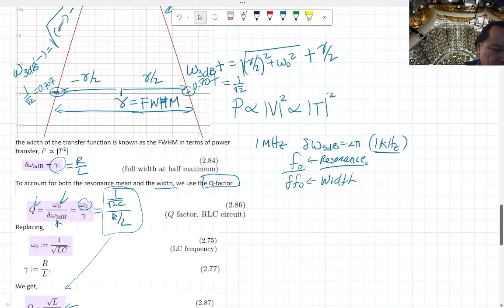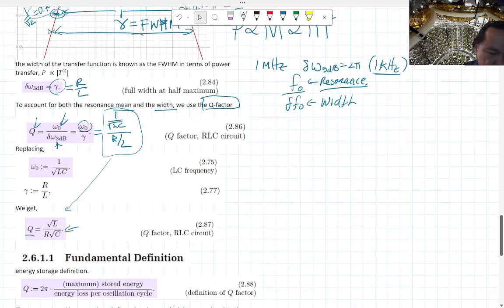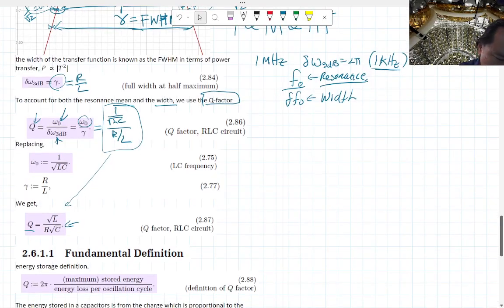And this should be exactly the same as what you measure if you measure this F3 dB point and measure where your resonant frequency is at. Okay, which is sort of interesting. So this is how you calculate it on paper.